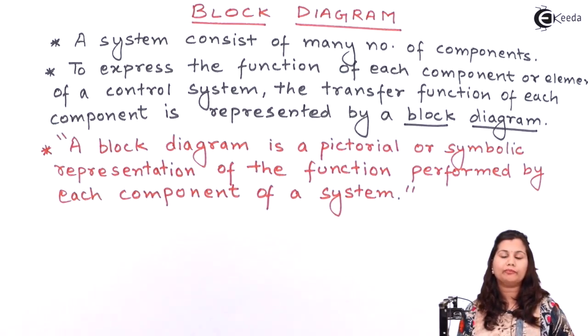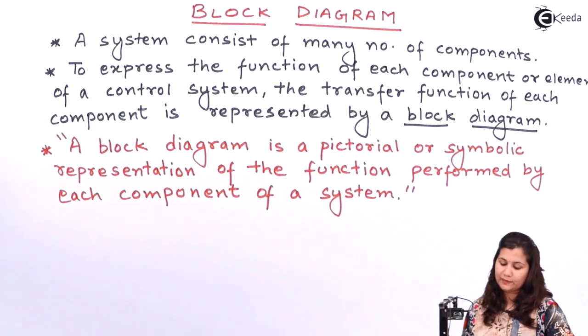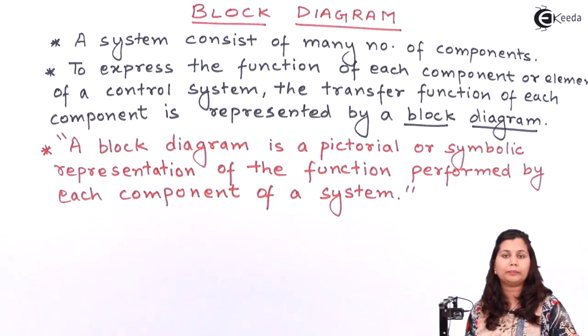That block diagram will show the functions performed by that component, and then the block diagrams of various components are connected together and hence we will get the block diagram for a system. So let us first see what the block diagram of a component will be.